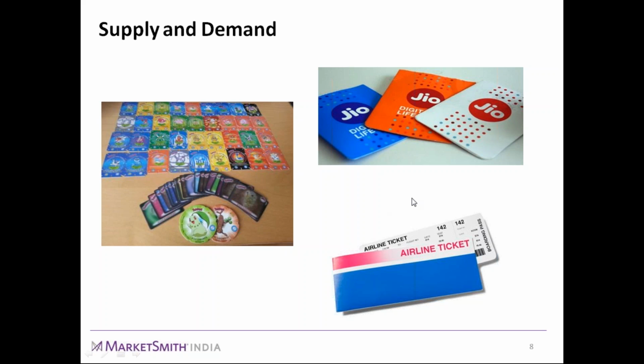The normal SIM card, which cost about 100 or 200 rupees, people were even ready to buy it for 2000, even 1500 or so. This was almost for a span of about 3 to 4 months. There was a scarcity of all these SIM cards. People were not able to get SIM cards, and that was mainly because of the demand for the product.